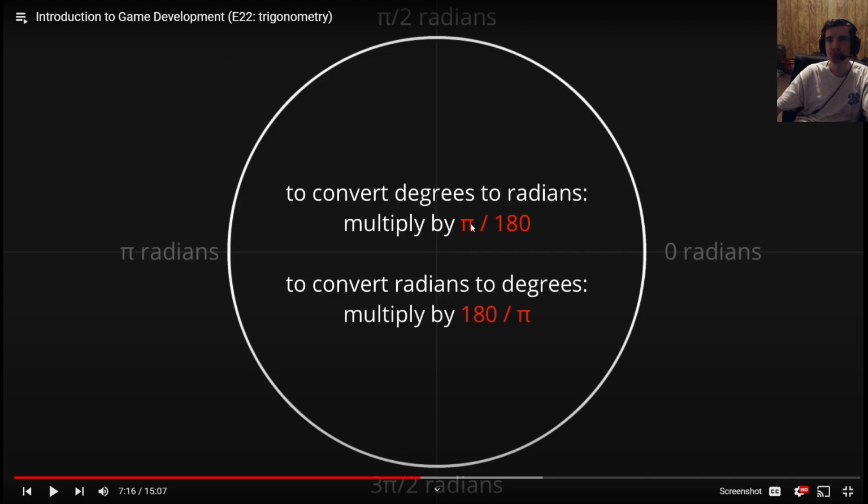Pi over 180 equals something small, some really small number. Let me think, can I do this in my head? Do I have enough brain power currently to do this in my head?